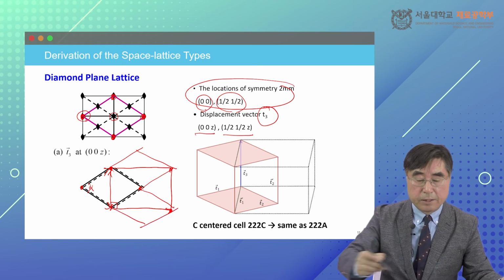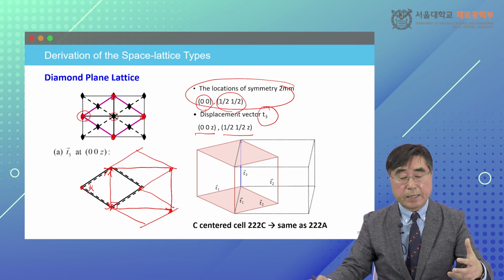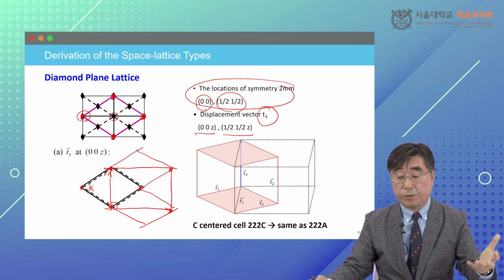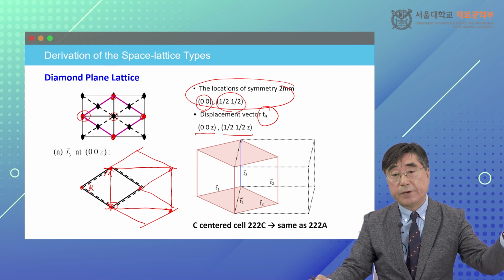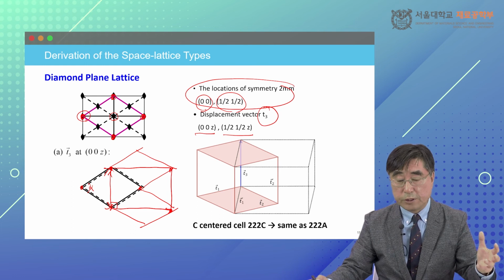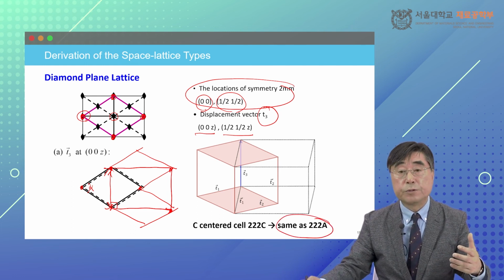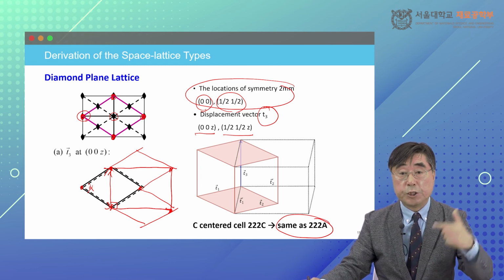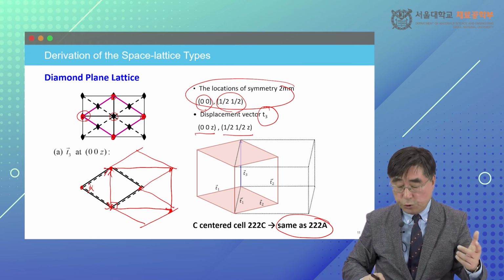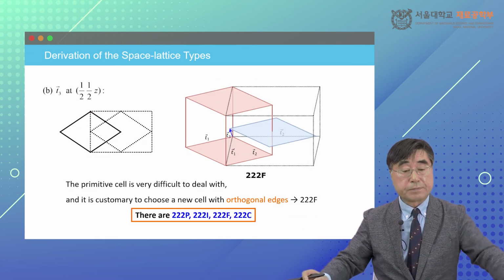So basically in this case, I can define the same orthorhombic crystal system, let's say C phase-centered orthorhombic crystal system. But C phase-centered, A phase-centered, B phase-centered is basically the same in the crystal structures of the orthorhombic crystal system. So this is the same as 222A, A phase-centered, which we defined already. So no new Bravais lattice is developed.